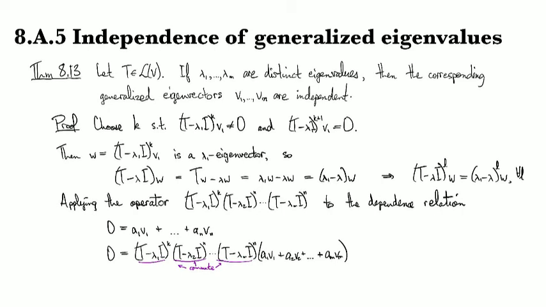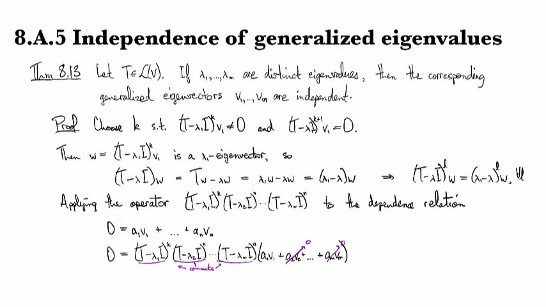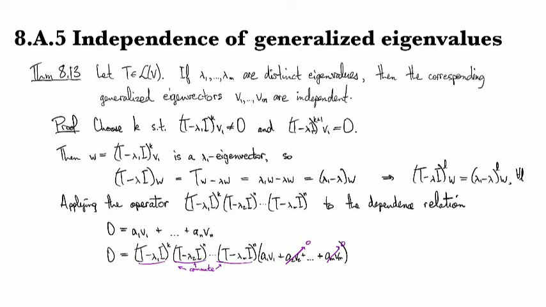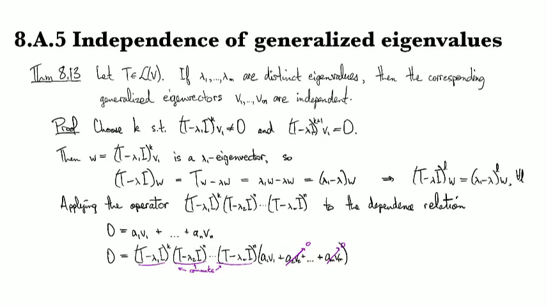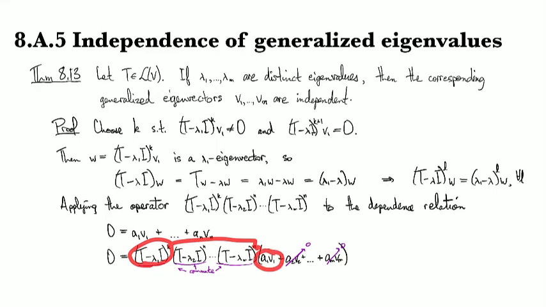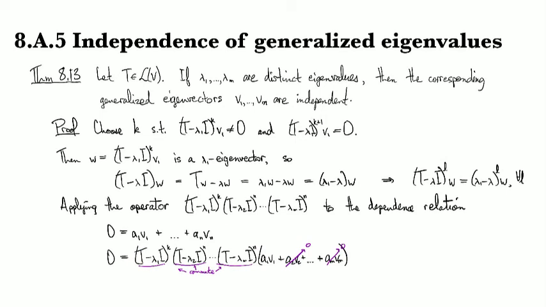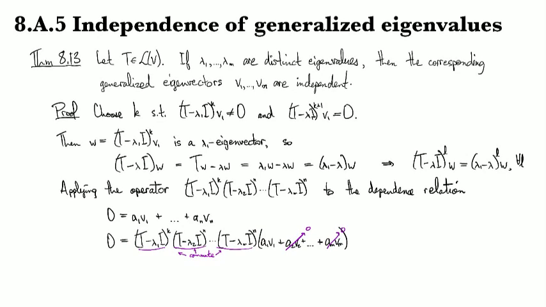So all of these are going to get killed when I apply this operator, and I can do that because they commute. I can shuffle this one out in front, and it'll meet up with this guy and kill it. And I can shuffle this one up in front when applying it to this guy, although he doesn't die, since that's the one that only goes to the k.